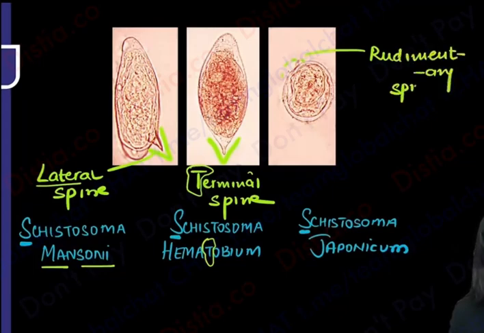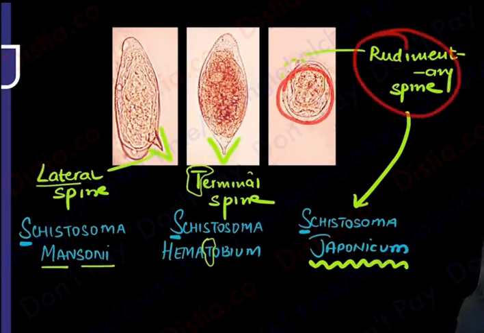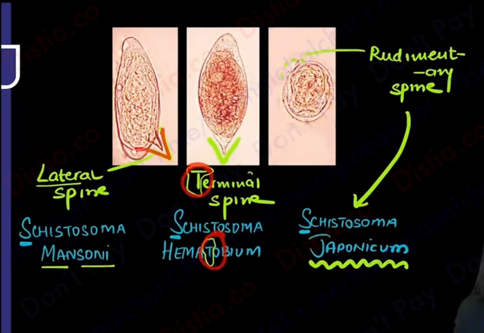Please note, the rudimentary spine is going to be seen with japonicum. Japan is spineless. Or there's another mnemonic where people say Japanese people have round faces, they don't have sharp features, they have round faces, but I feel Japan spineless, you can remember it either way. So remember, terminal is haematobium, lateral is the lying-down man, mansoni, and rudimentary spine means Japan spineless.